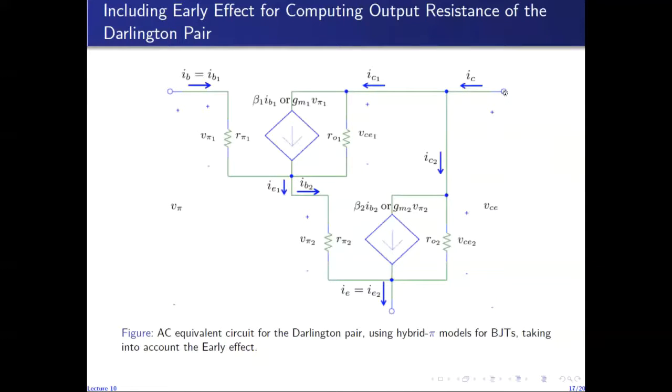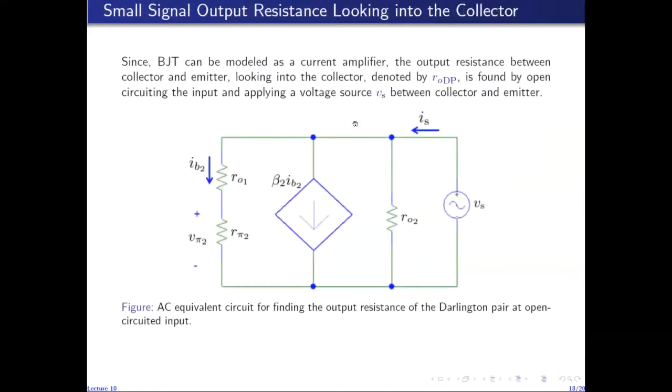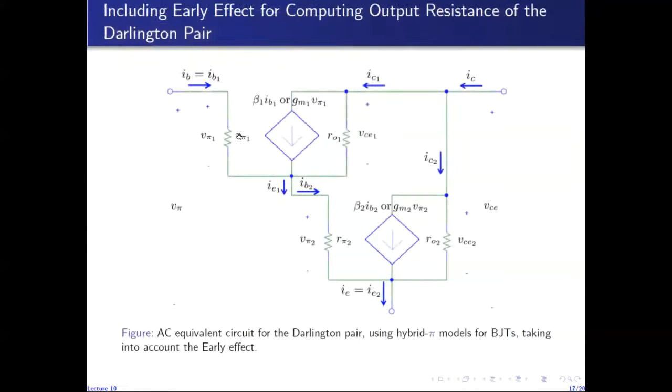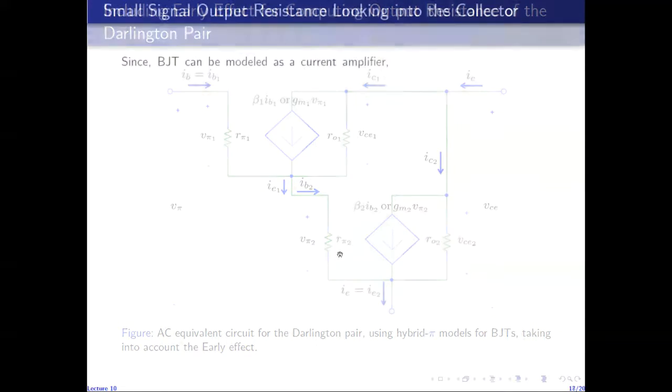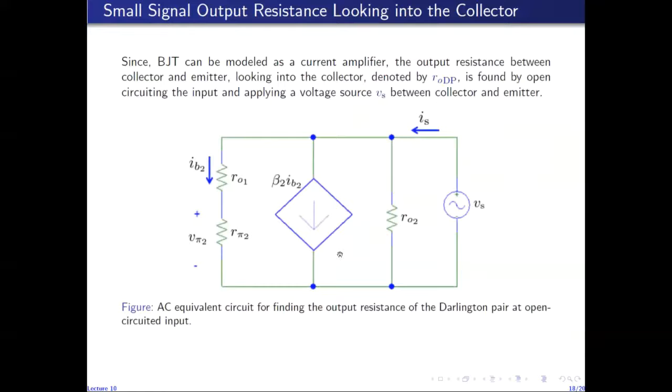That ratio is equal to the resistance between collector and emitter looking into the collector. This is the simplified circuit. I just explained that this bit is essentially out of the circuit. So R01 is in series with R pi 2. So Vs over Is will be the output resistance between collector and emitter looking into the collector. We denote it by a small R0 subscript dp.